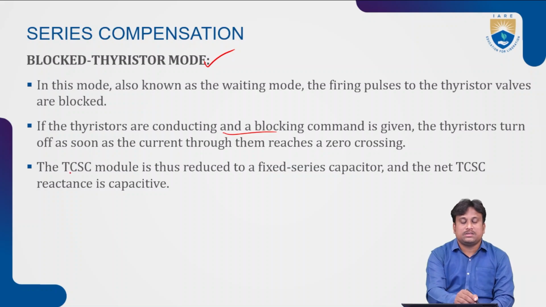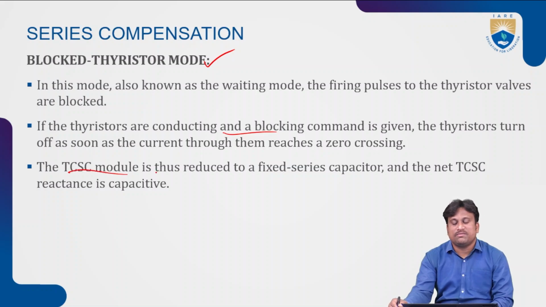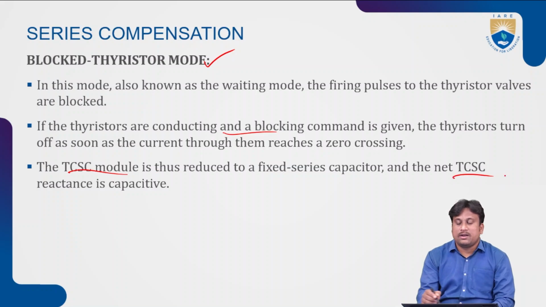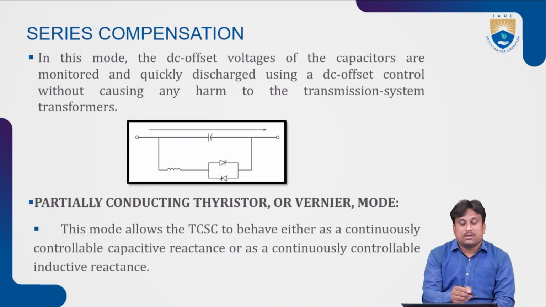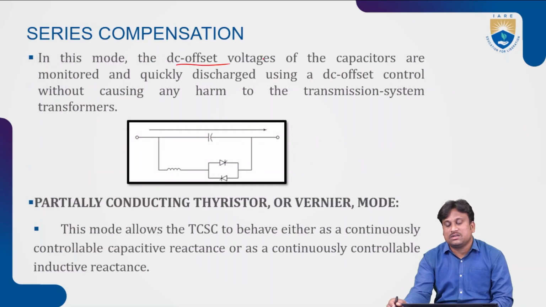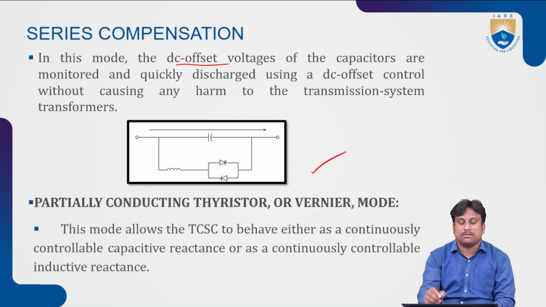The TCSC module is thus reduced to a fixed series capacitor and the net TCSC reactance is capacitive in nature. In this mode, the DC offset voltage of the capacitors is monitored and quickly discharged using a DC offset control without causing any harm to the transmission system transformers.